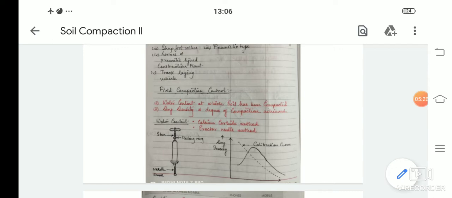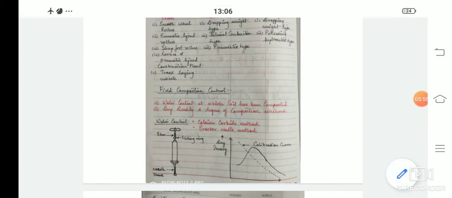Sheep foot rollers are mainly recommended for compacting cohesive soils, but are not considered effective on coarse grain cohesionless soil. The kneading action of sheep foot rollers results in a better bond between the compacted layers compared to other types of rollers. The action of a pneumatic tire roller is a combination of pressure and kneading. Hence, they are suitable both for cohesionless sand and gravel as well as for cohesive soil.